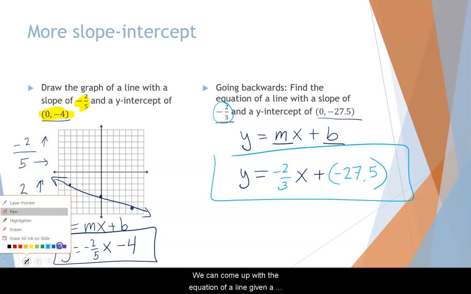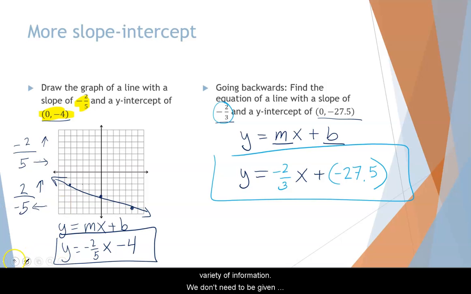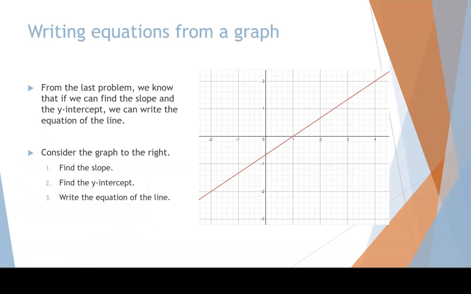We can come up with the equation of a line given a variety of information. We don't need to be given the slope and y-intercept directly. Let's consider this graph. We want to find the slope of this graph, the y-intercept of it, and then write the equation.